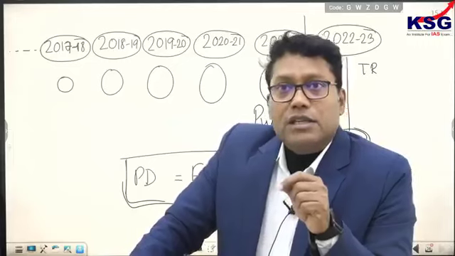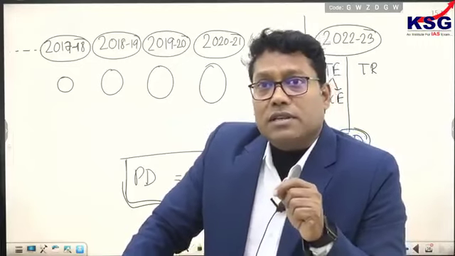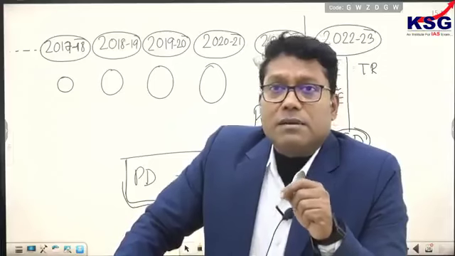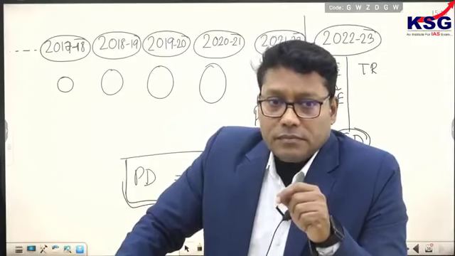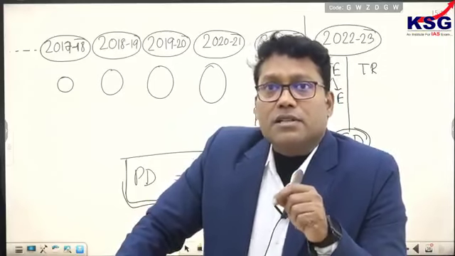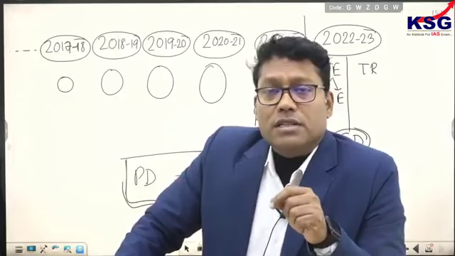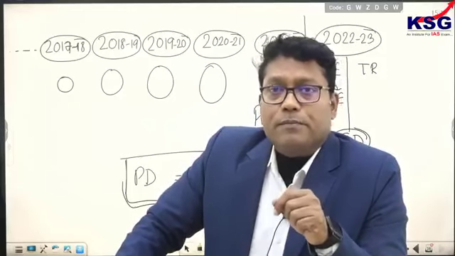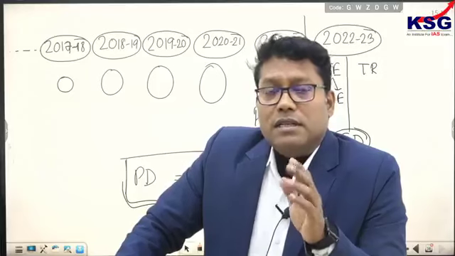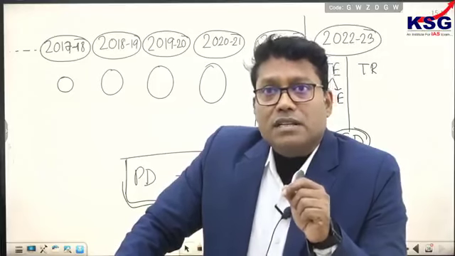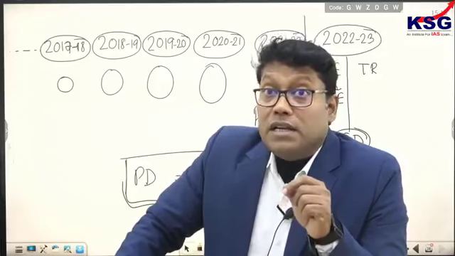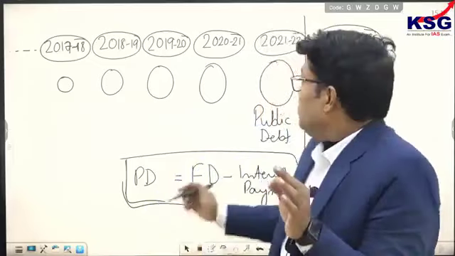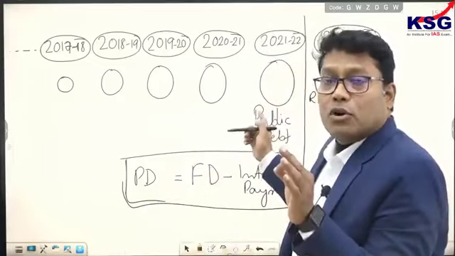In total expenditure, you consider all expenditure, that is revenue expenditure plus capital expenditure. In revenue expenditure, you also included the interest paid in this particular year, mainly on the public debt.